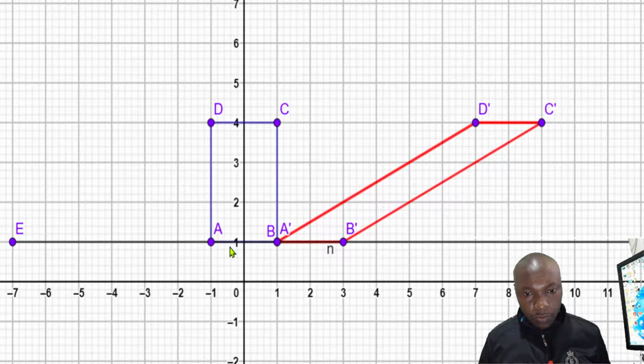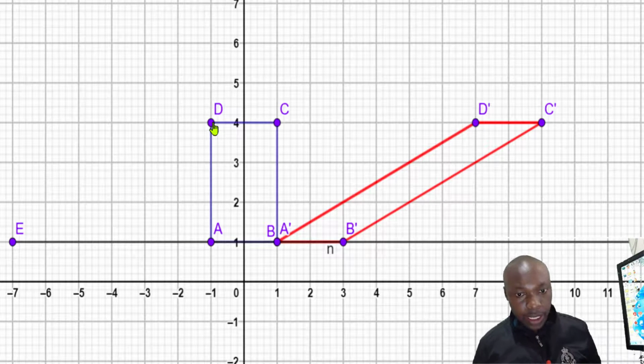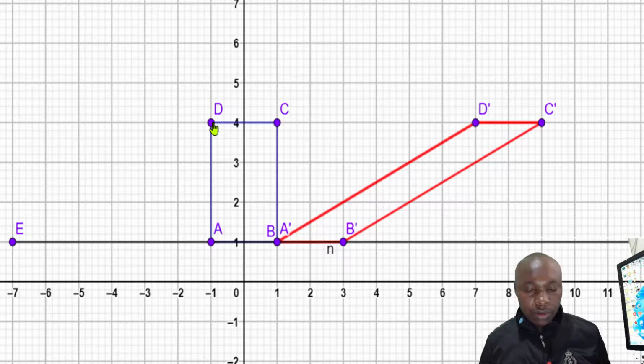For me to move this point twice, you can see from A to D there are 3 squares, and the stretch factor is 2. So you just need to multiply that by 2. Since there are 3 squares from A to D, you add another 3 squares, 1, 2, 3.